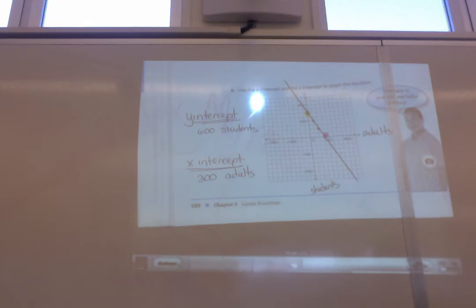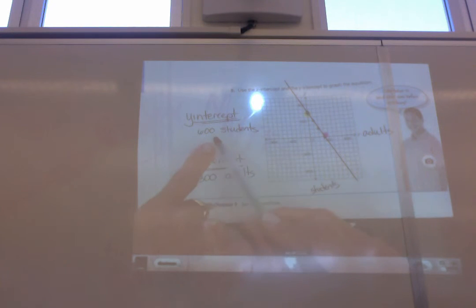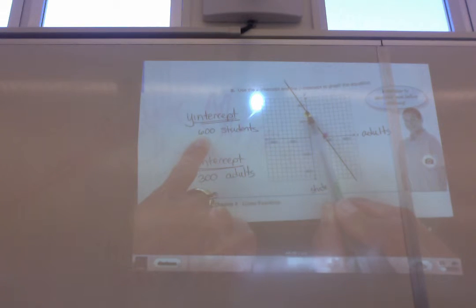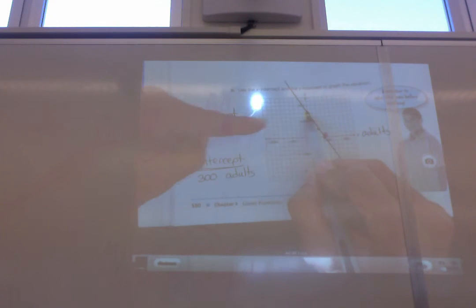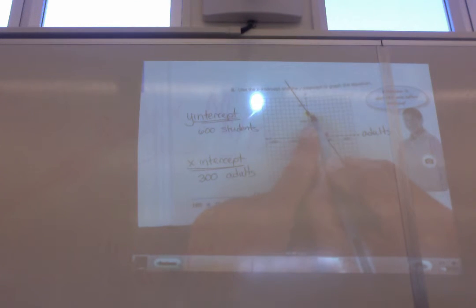Now, here's one of the tricky things. We looked at what this tells us. The y-intercept, we said, was 600 students, because the y-axis in this arrangement represented students. Here's the other thing to notice. It's 600 students, but how many adults is it? If I'm right here, do I have one adult?